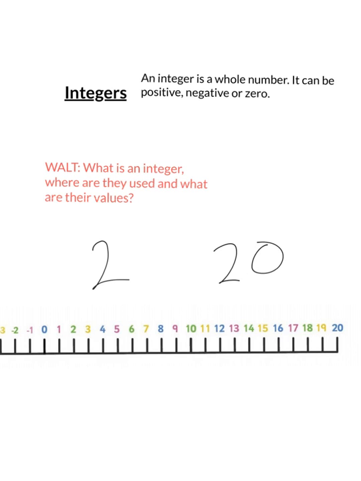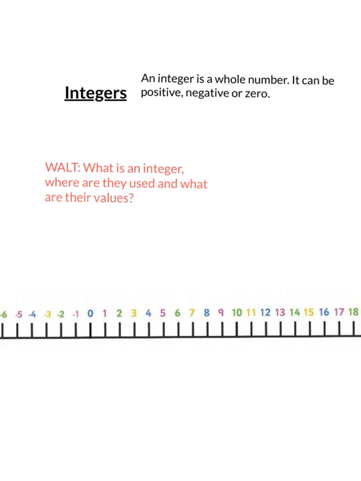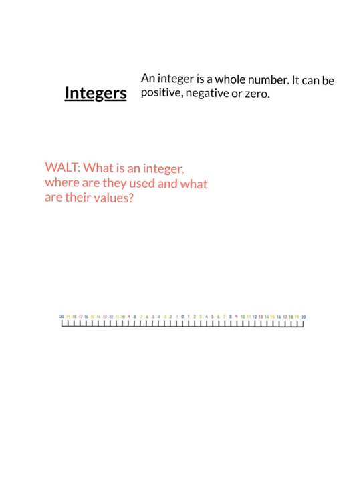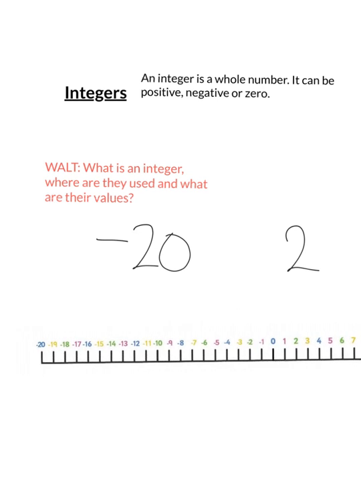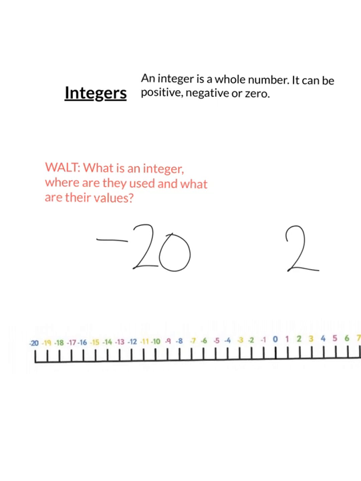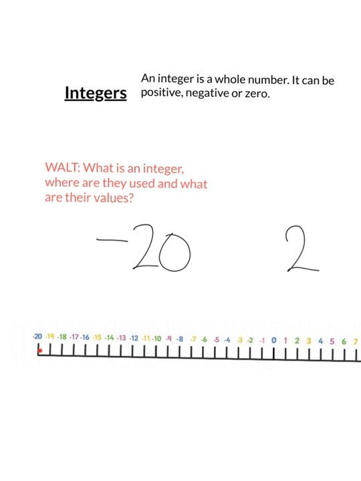And the same goes for when we are looking at negative numbers, okay? So even though a negative number looks higher, unfortunately, it is not a greater value. So what's higher now, negative 20 or 2? All right, we'll zoom in on a number line, and I can see that negative 20 is way, way down here, and 2 is way up here. So the greater number, the biggest number, is 2.